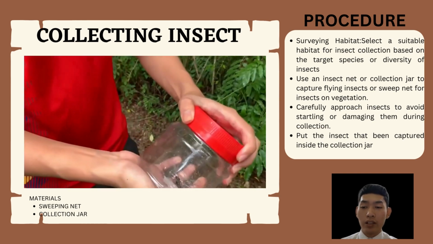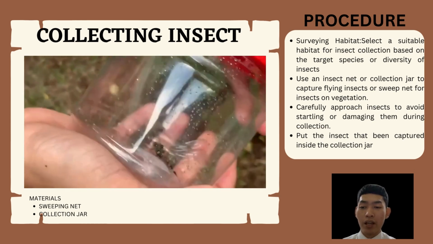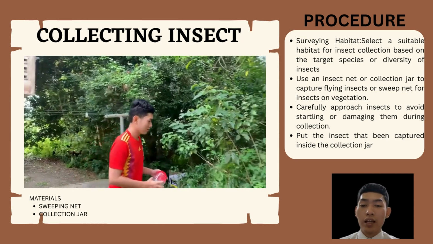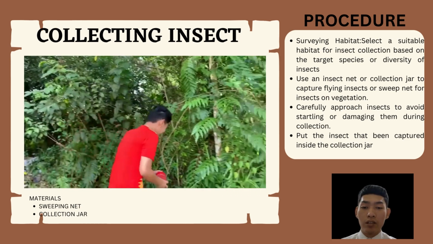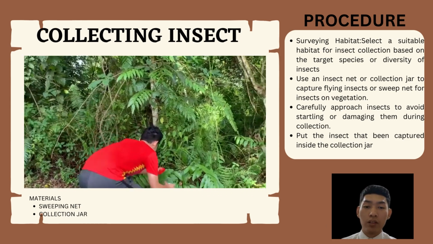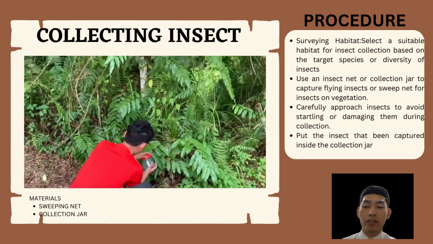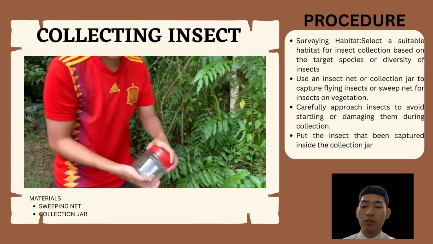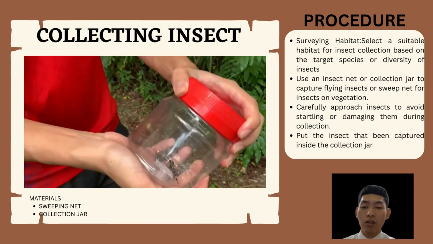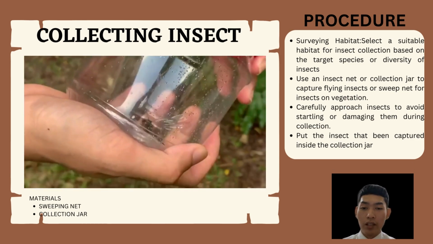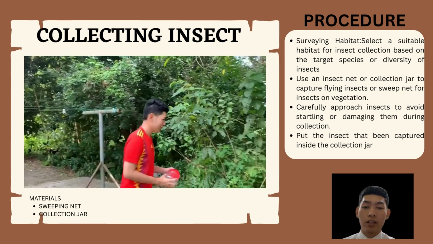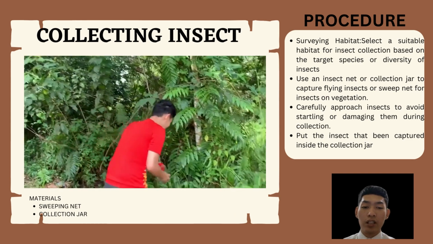The first one is surveying the habitat: select a suitable habitat for insect collection based on the target species or diversity of insects. The second one is to use an insect net or collection jar to capture flying insects, or sweep nets for insects on vegetation.